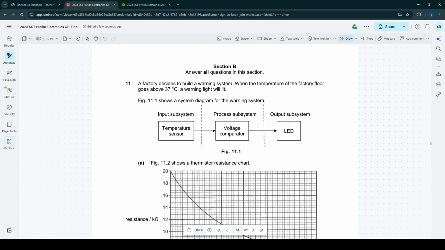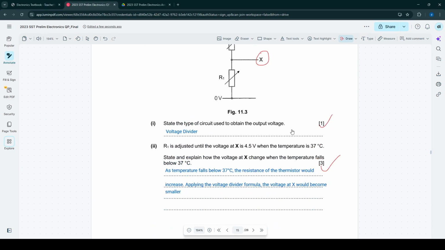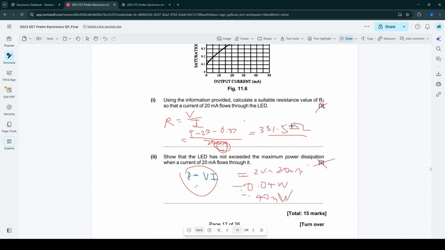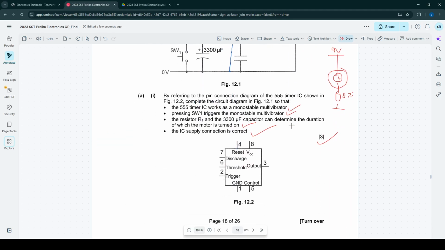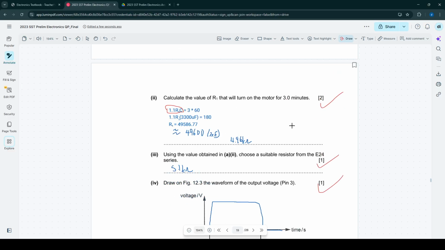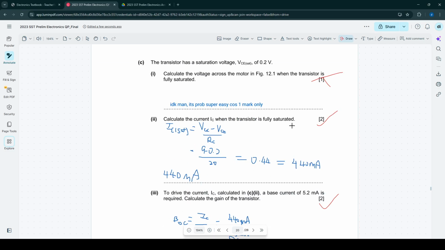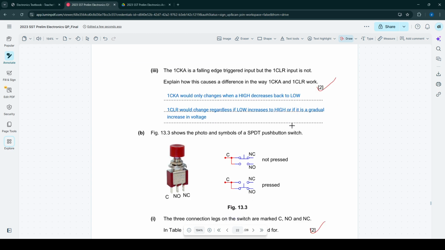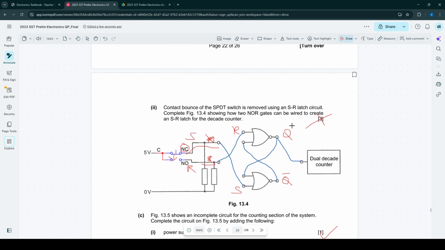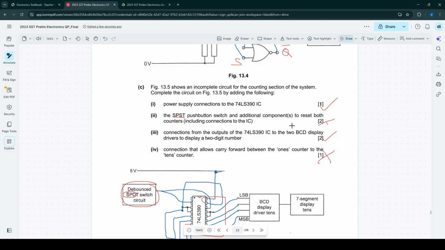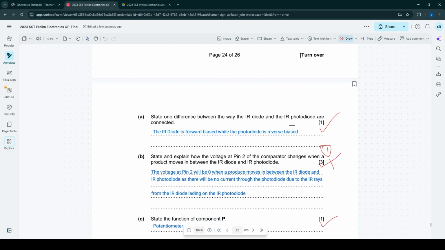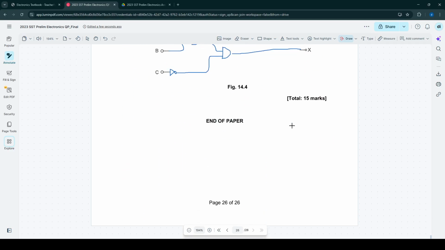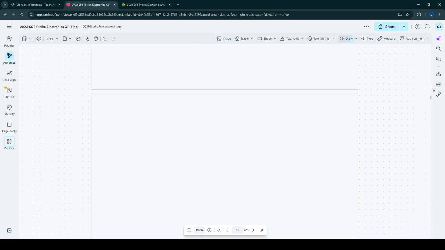Okay, so 1 plus 1 plus 1 plus 3 plus 4 plus 3 plus 2 plus 1 plus 1 plus 2 plus 2 plus 2 plus 1 plus 2 plus 2 plus 1 plus 2 plus 1 plus 1. 33. Oh nah. Okay, 33.